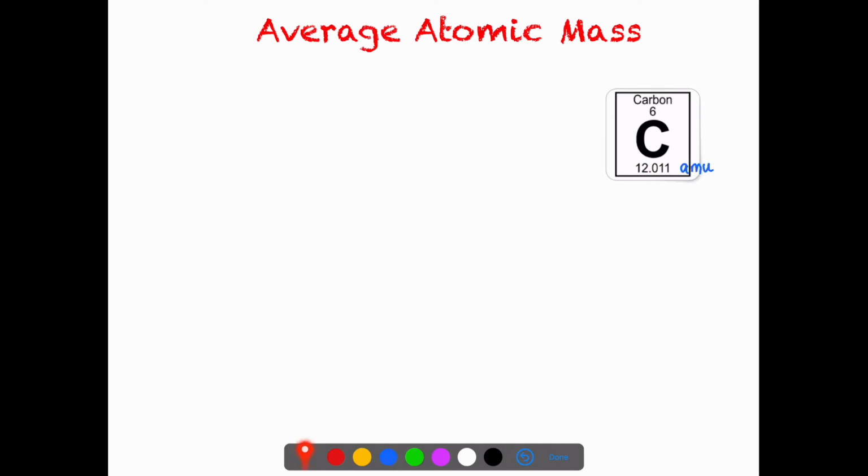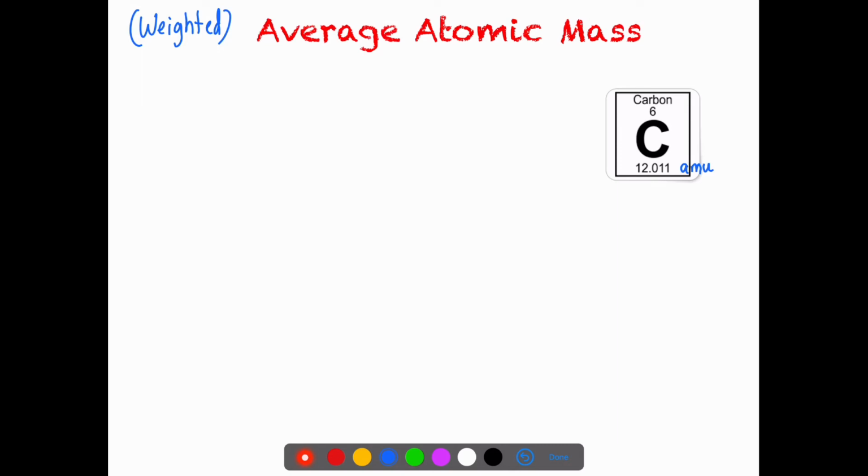This is the average atomic mass of carbon. It's not a simple average, it's a weighted average of all the carbon isotopes' masses. So what is a weighted average? I do this weighted average all the time when I calculate your grades.